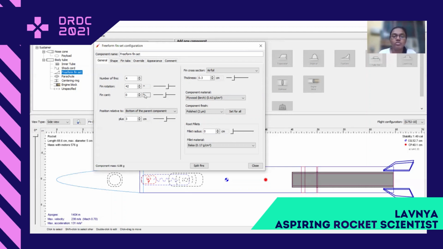I have given a total of 4 fins, based on the stability and apogee. The fin cross section I chose is airfoil, one of the most prominent cross sections we use across the industry.